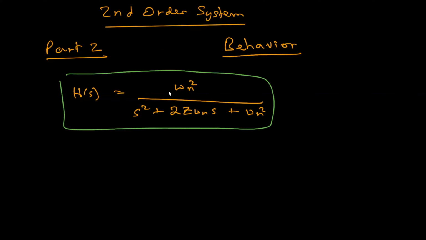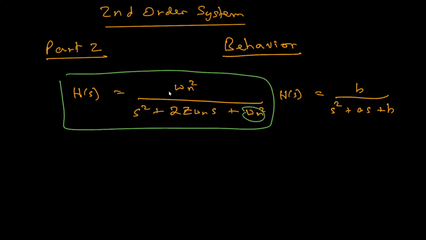The non-standard form was H of s equals b over s squared plus a s plus b, but you see it has the same structure. b is omega n squared and a is 2 zeta omega n. The nice thing about this is these constants have useful interpretations.